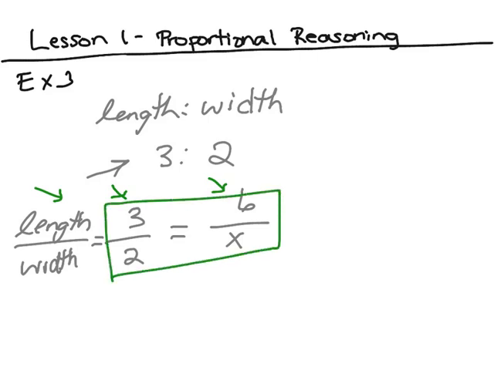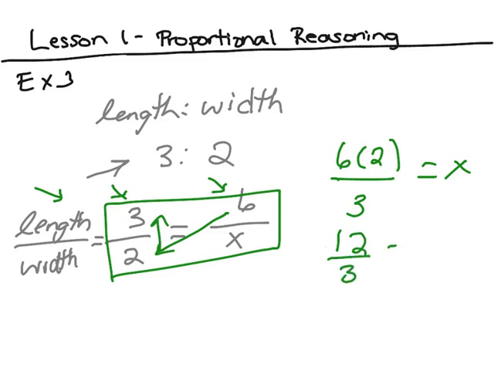We're going to take the number opposite the unknown, so our 6, multiply across, so 6 times 2, divide up, so divided by 3 is equal to x. 6 times 2 is 12, divided by 3, and 12 divided by 3 is 4. So the room should be 4 meters wide.